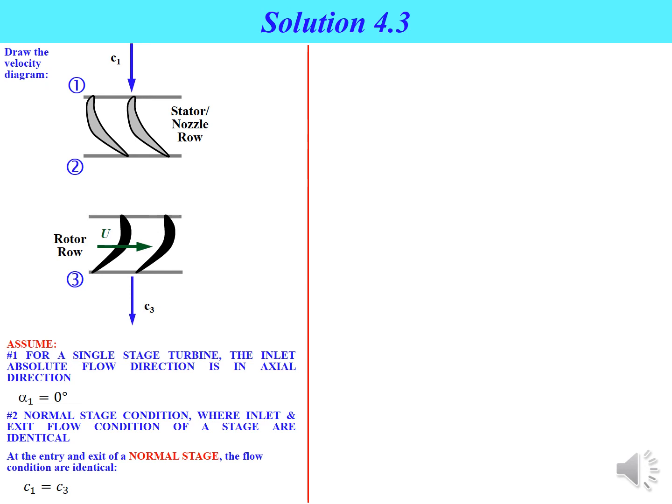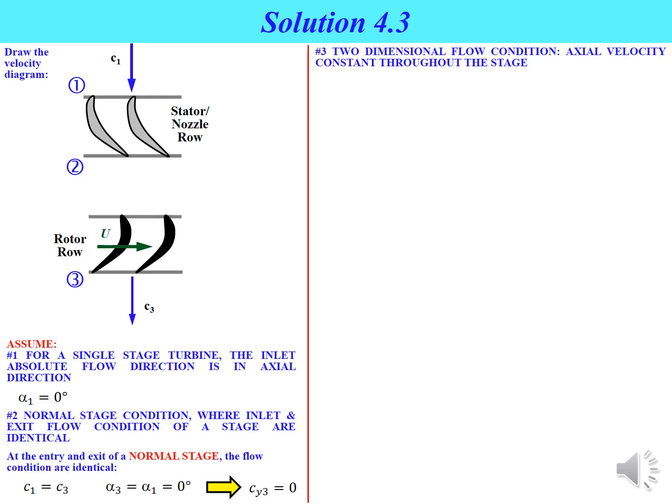So C1 equals C3. In terms of flow angle, alpha 3 equals alpha 1 equals 0 degrees. Because C3 is in the axial direction, there is no y component for C3, so Cy3 equals 0.